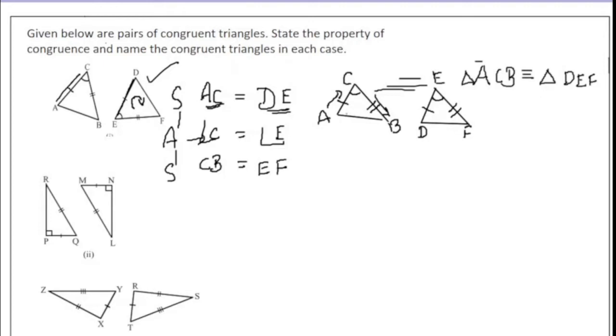Now, I started from this corner, so the same thing will go on this triangle also. I start from the same corner and go in the same direction. I'm going clockwise this time, so this also will go in the clockwise direction.